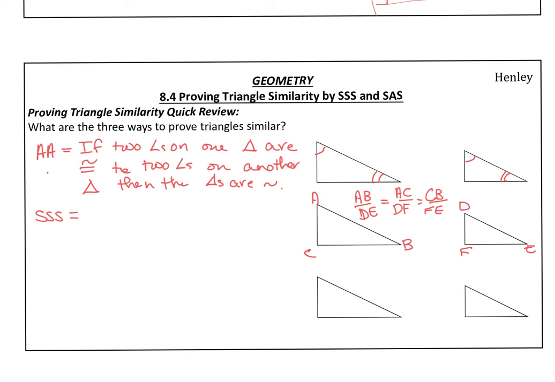Then we look at the reason. Side, side, side states if three sides of one triangle are proportional to three sides of another triangle, then the triangles are similar.